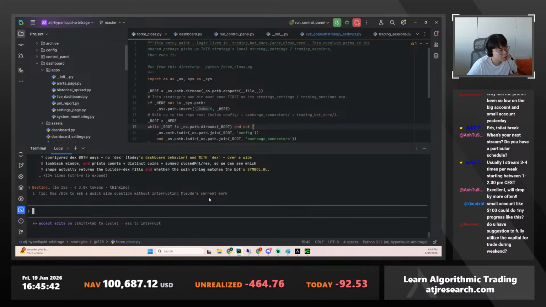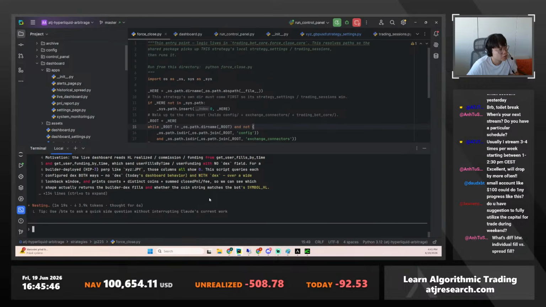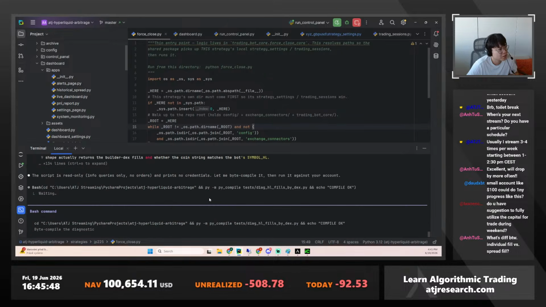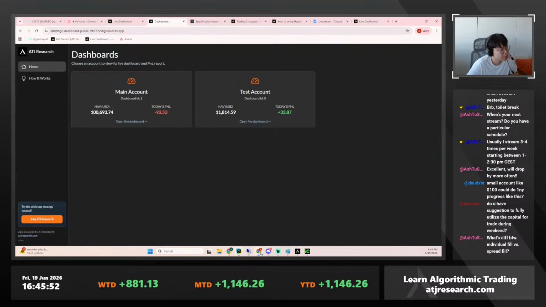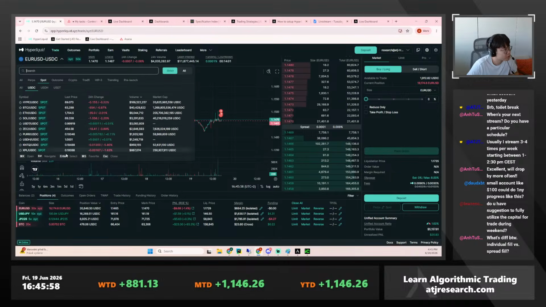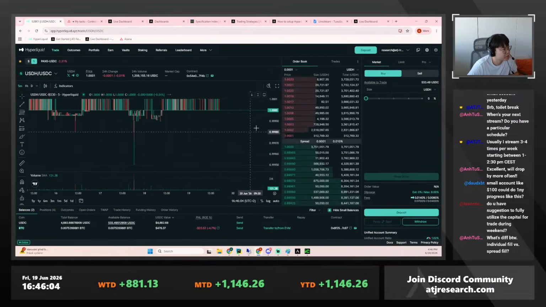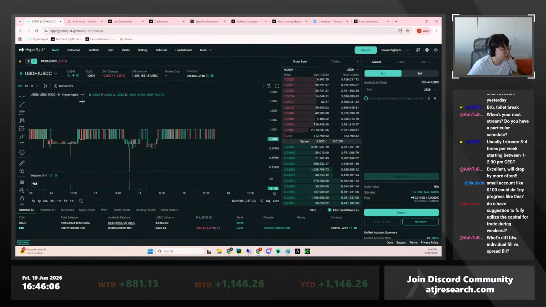And maybe some low risk, maybe some stablecoin market making, right? So, for example, on Hyperliquid, if you look at some stablecoin market making, you can go to spot, and then if we go like USDH, you can run market making strategies on USDH and USDC.